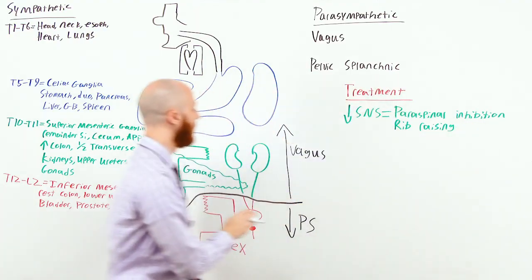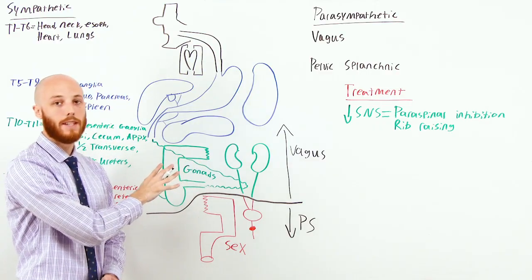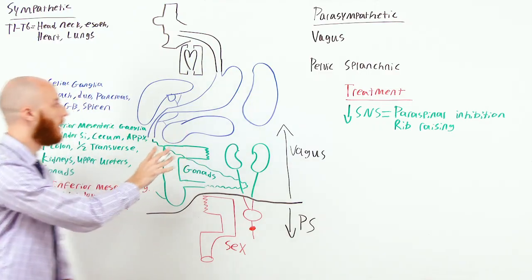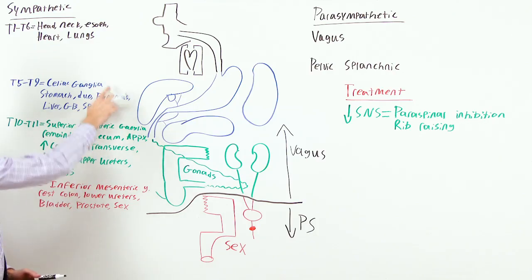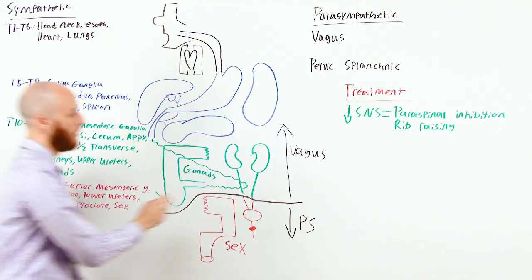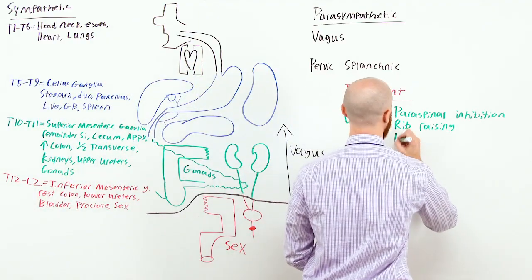So if you are trying to decrease sympathetic facilitation to one of these organs, you go to the level and you perform the rib raising treatment. You can also perform a direct ganglia release. The ganglia are the ones that we outlined.